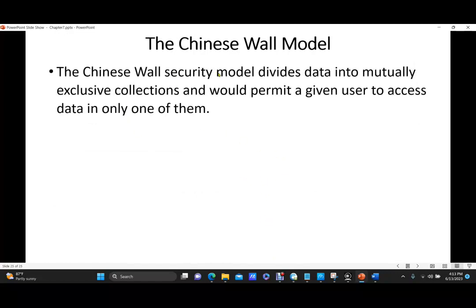The Chinese wall security model divides the data into mutually exclusive collections, and a given user would be permitted access to one and only one of these collections.